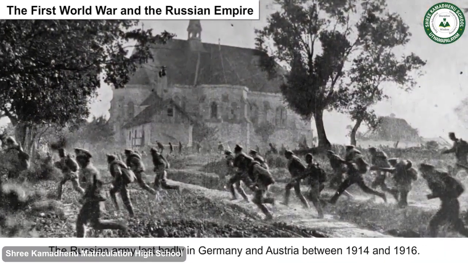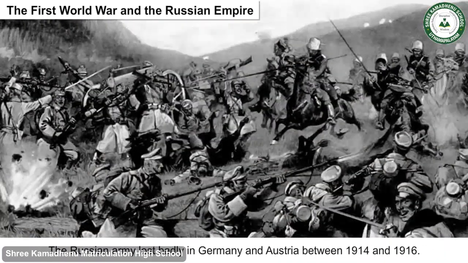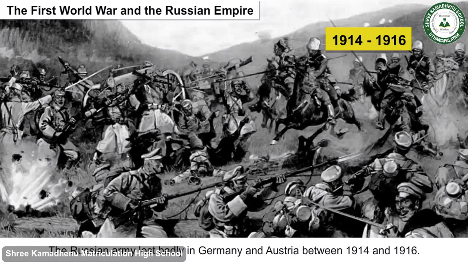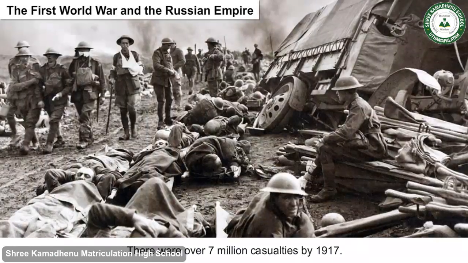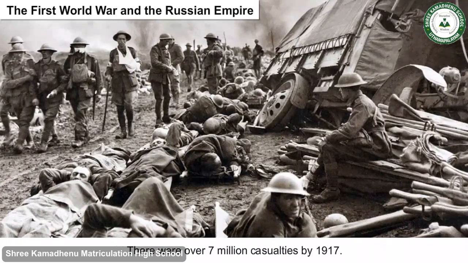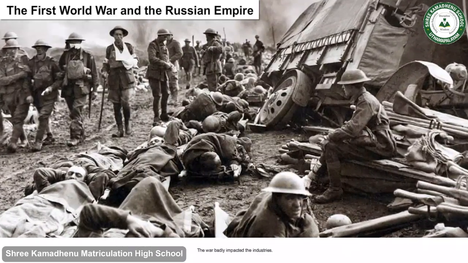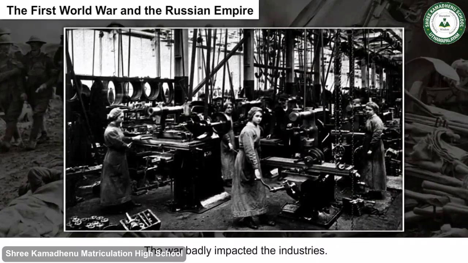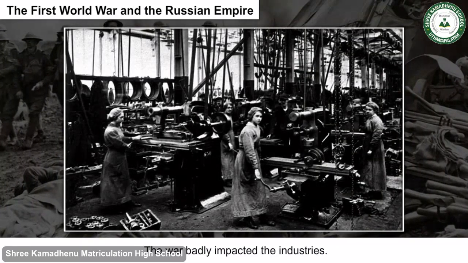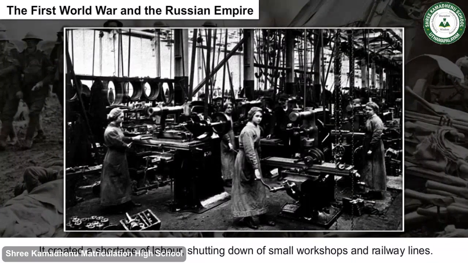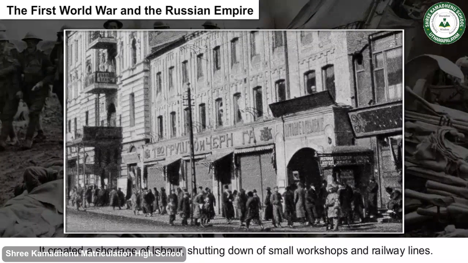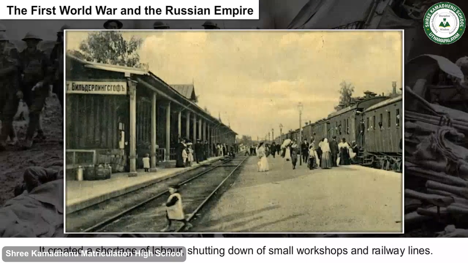The Russian army lost badly in Germany and Austria between 1914 and 1916. There were over 7 million casualties by 1917. The war badly impacted the industries. It created a shortage of labor, shutting down of small workshops and railway lines.